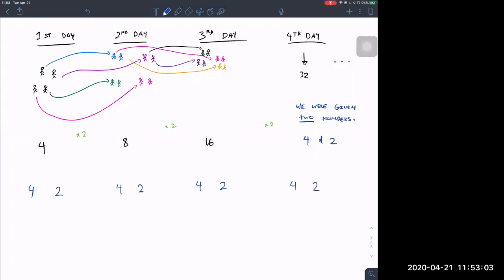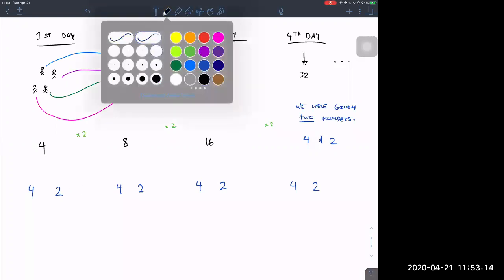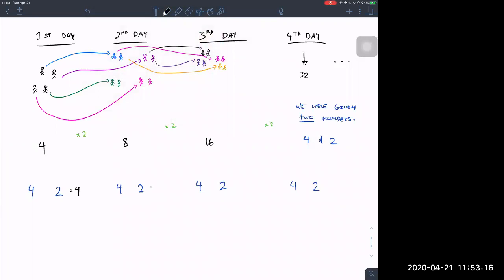So can you give me the numbers so that whatever happens between 4 and 2 equals 4? Let me write that in black, actually. Equals 8, equals 16, equals what will be 32, right? Anybody have any ideas?